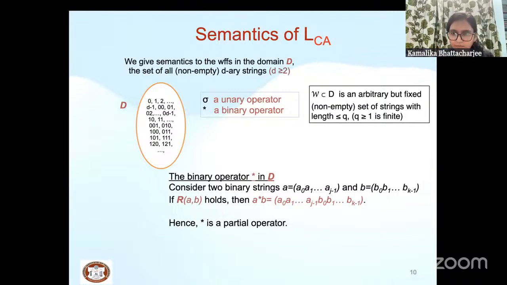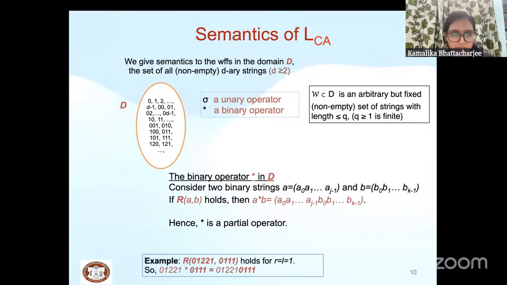So star is a partial operator. It holds only if R of AB holds. Examples, again the previous strings 0, 1, 2, 1 and 0, 1, 1, 1. This we have already seen. If these two strings are related, we can write 0, 1, 2, 1 star 0, 1, 1 as the string concatenation of these two.